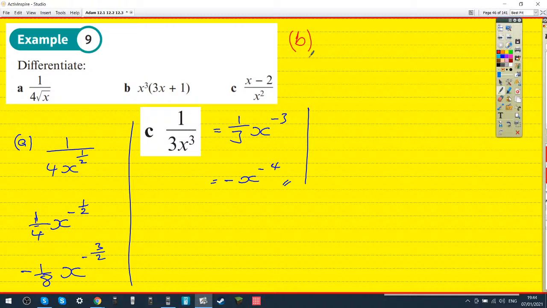So would you multiply x to the power of 3 by everything in the bracket? Yeah. Okay. So it'd be 3x to the power of 4 plus 3x cubed. Yep. Not 3. Just x cubed. Oh yeah. X cubed.